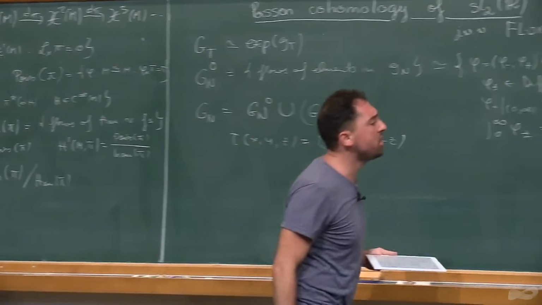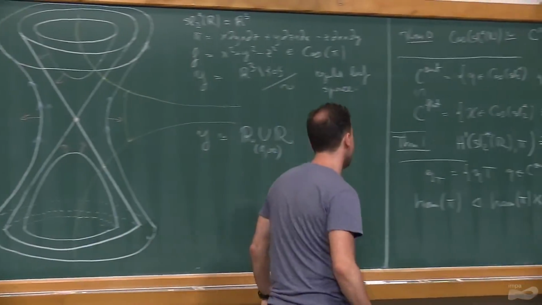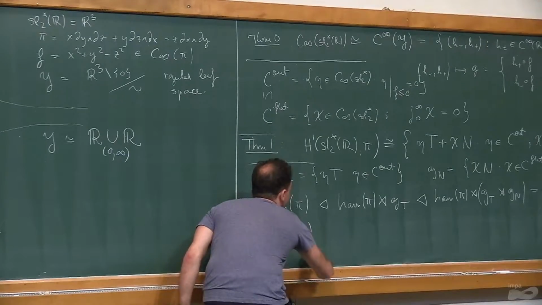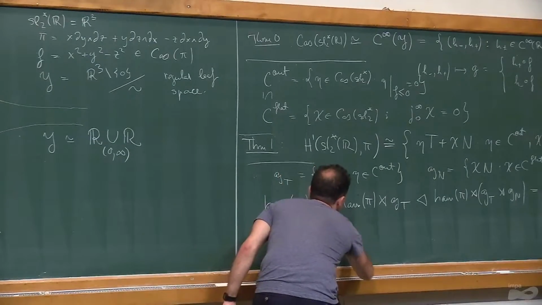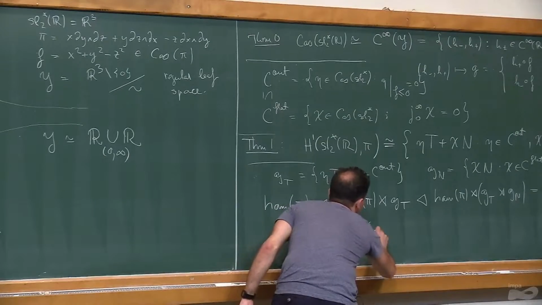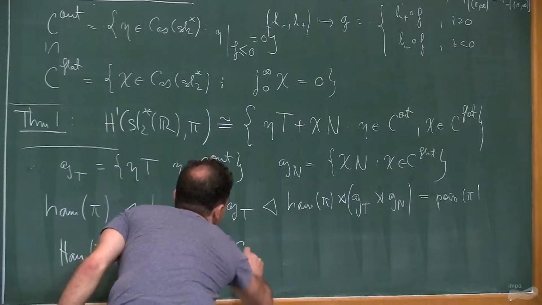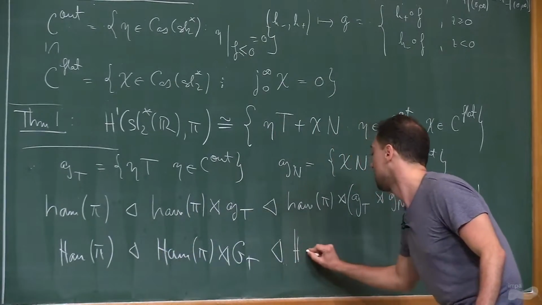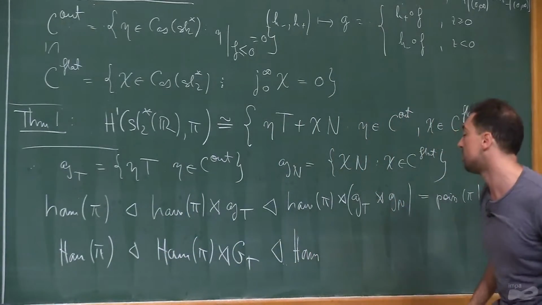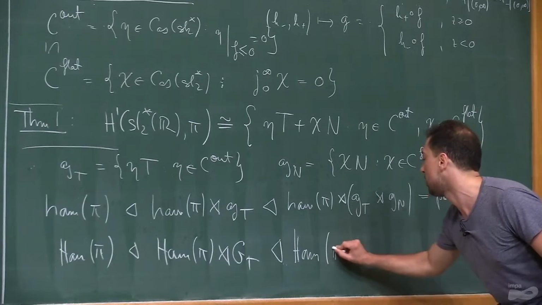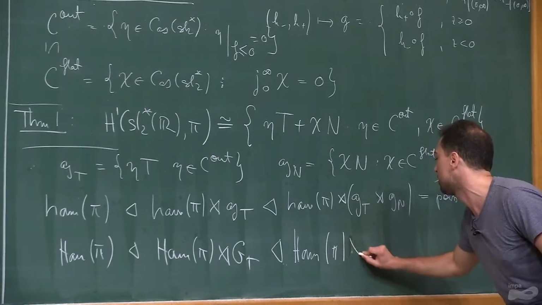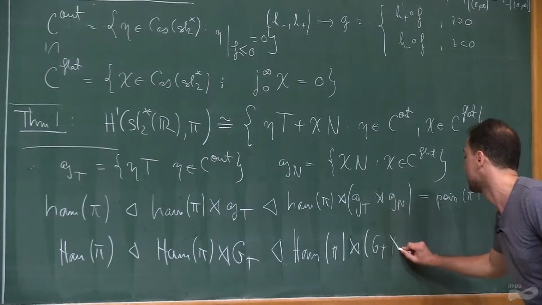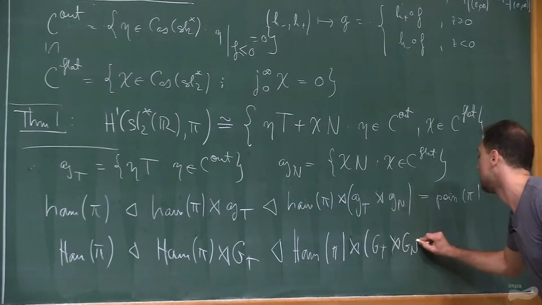Right. So here I just wanted to say one thing. Here you have the Hamiltonian group below. This will be a normal group in a semi-direct product with this GT, and will also be a normal subgroup in the group of Hamiltonian of pi semi-direct product with this GT semi-direct product with Gn.